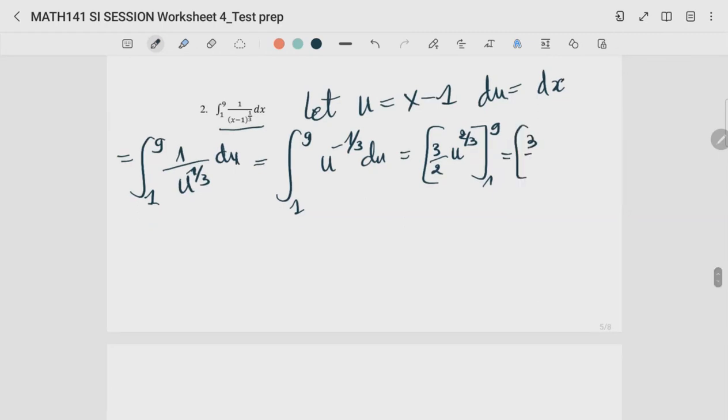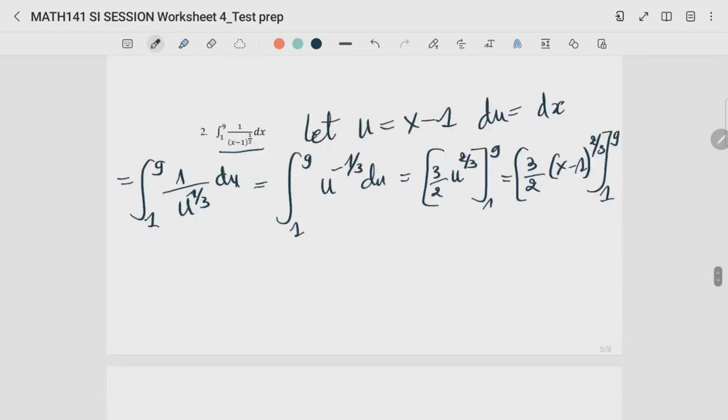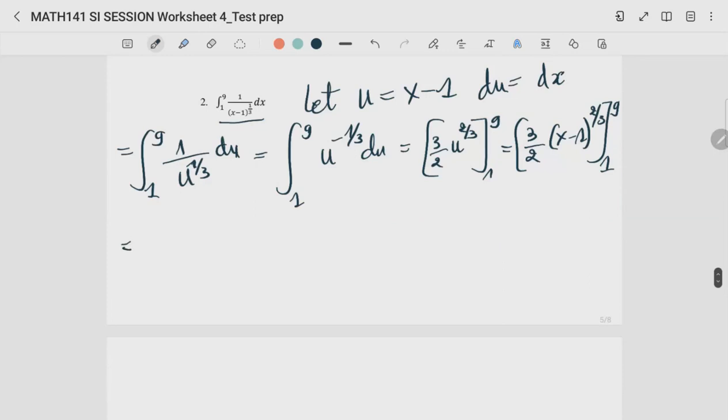So 3 over 2 multiplied by (x minus 1) to the 2 over 3, evaluated between 1 and 9. The 3 over 2 can come out. The first is 9 minus 1, which is 8, so that would be 8 to the 2 over 3. Minus 1 minus 1, which is 0, so plus 0 there.